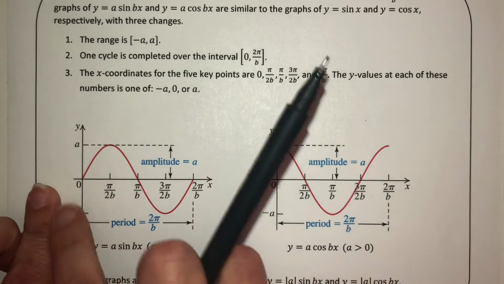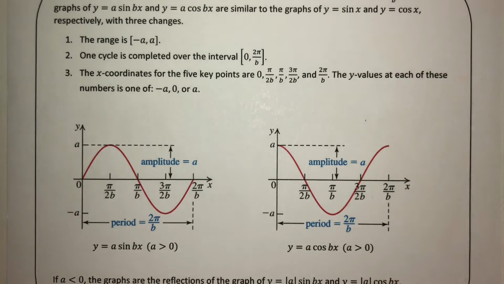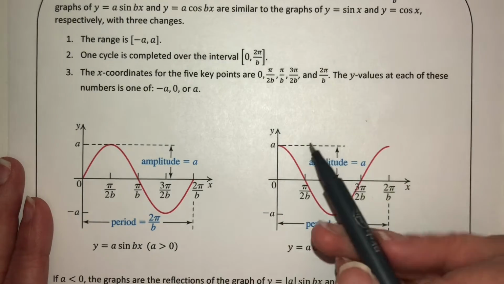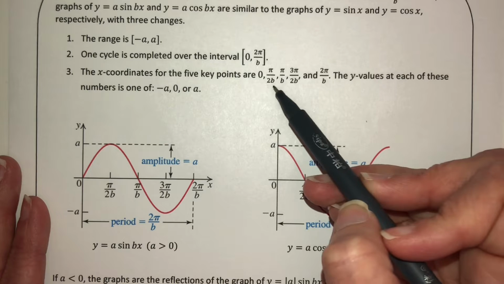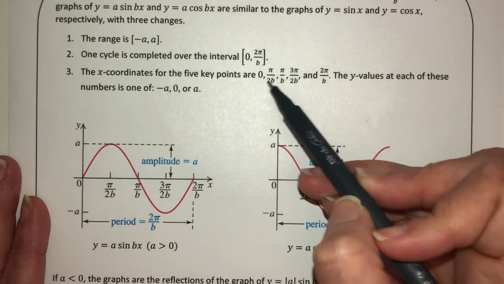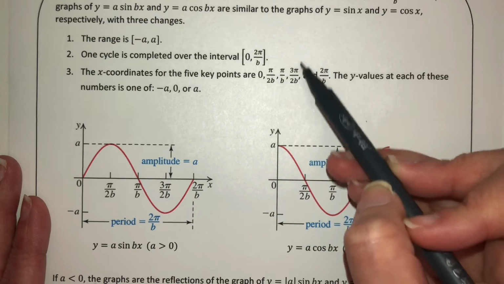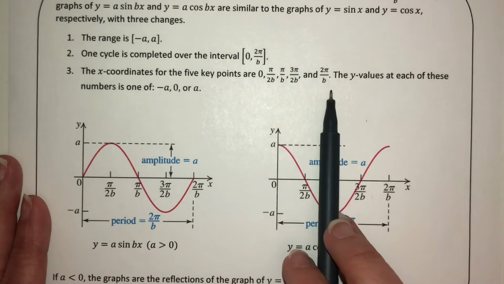So you just need to find 1/4 of the distance between here and here to break it down. Whatever this is, if you divide it by 4, you get pi over 2b. Now add another 1/4 of the way here, another 1/4 of the way here, and then you're here. So these are your x-coordinates.